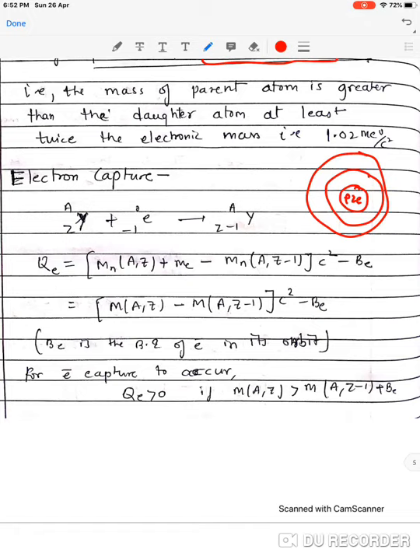There should be charge balance in the process. One proton and one electron, with charge positive unit of e and negative unit of e, must give zero charge, obviously.